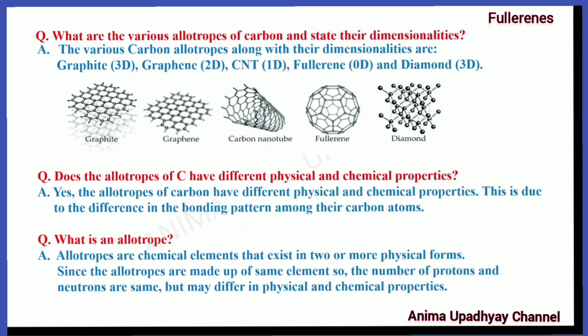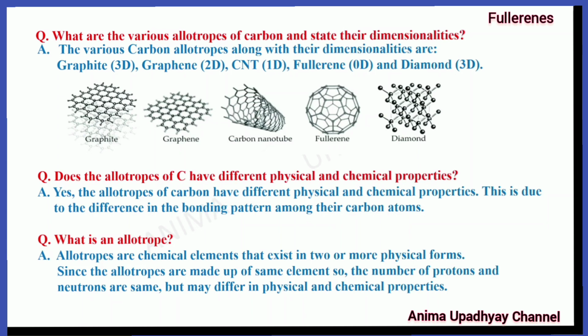There are many allotropes of carbon such as graphite, which is three-dimensional, graphene, two-dimensional, carbon nanotube, one-dimensional, fullerene, zero-dimensional, and diamond, three-dimensional. Do the allotropes of carbon have different physical and chemical properties? Yes, they have different physical and chemical properties, and this is due to the difference in the bonding pattern among their carbon atoms.